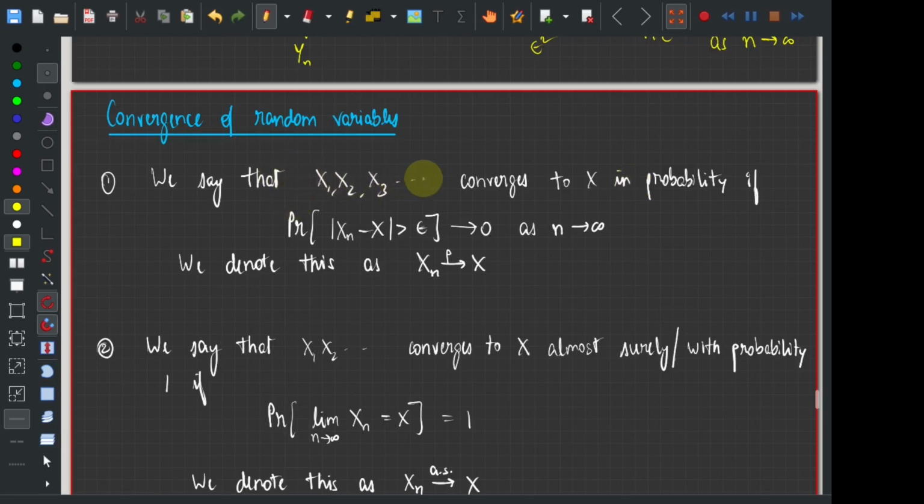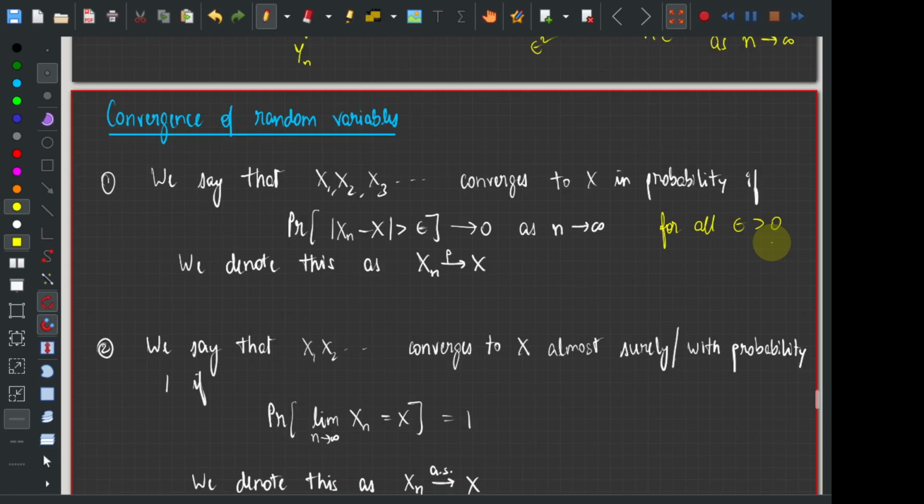So if I give you a sequence of random variables, we say that this converges to some other random variable x in probability if the probability that xn deviates from x by an amount epsilon tends to 0 as n tends to infinity. Correct.